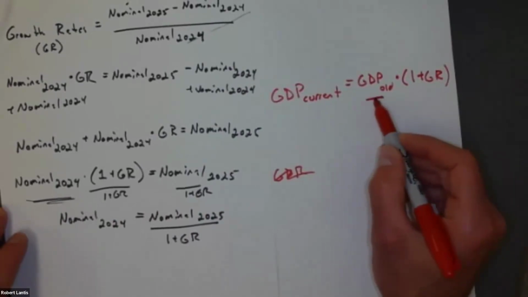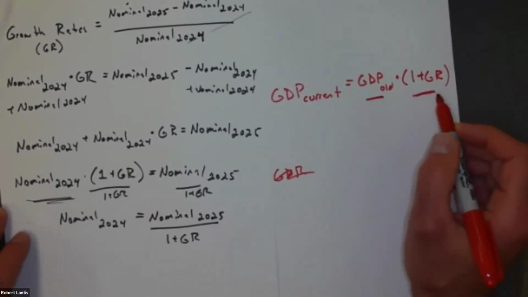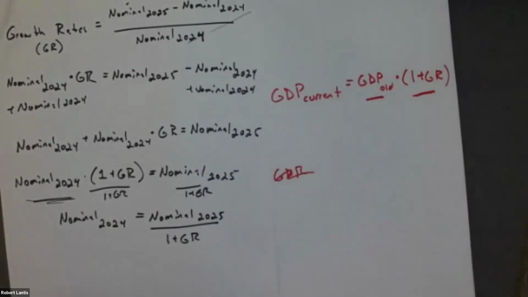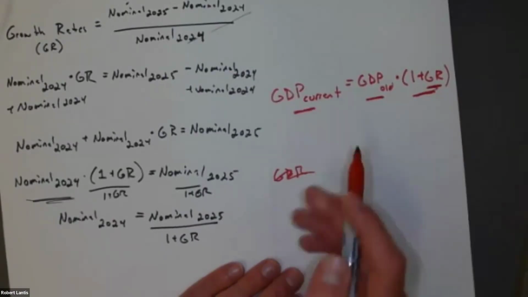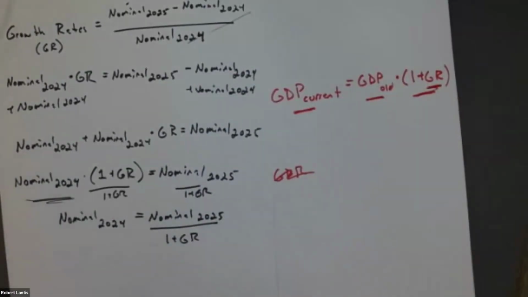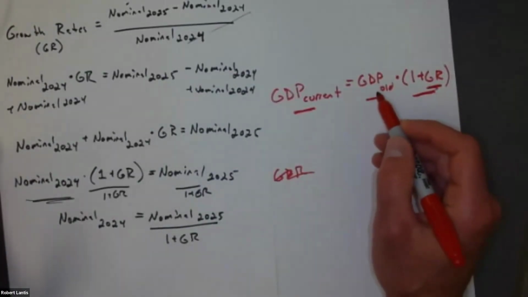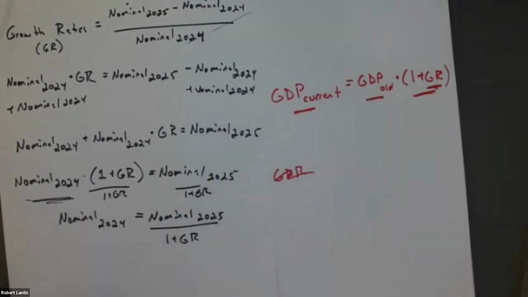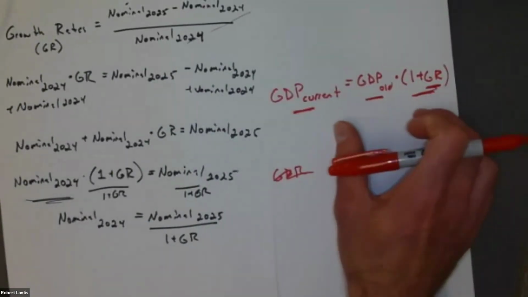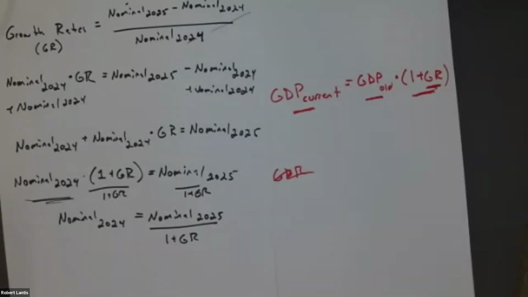So if I ever know my old GDP and I know the growth rate, I can calculate what my current GDP is. Or if I have an expected growth rate and I want to predict the following period's GDP, I could take the current GDP and multiply it to get that following year's. So this is the equation we would use to calculate what the GDP would be in the following year.